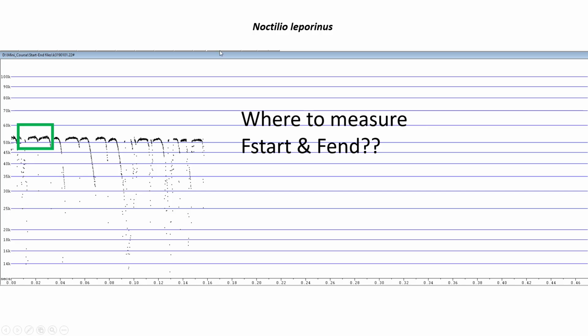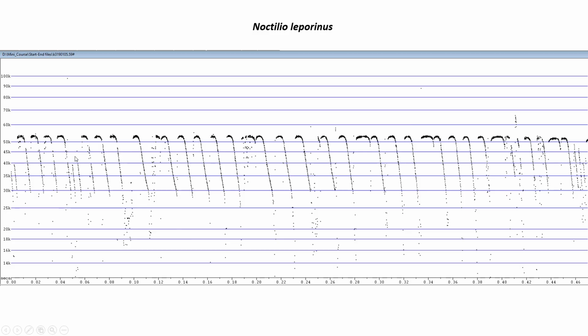Where do you start for F start and F end? Here, the longer tail. Let's look at another longer sequence. Here we've got a long descending following frequency, an FM, frequency modulated pulse. So F start, F end may not be that useful for Noctilio.